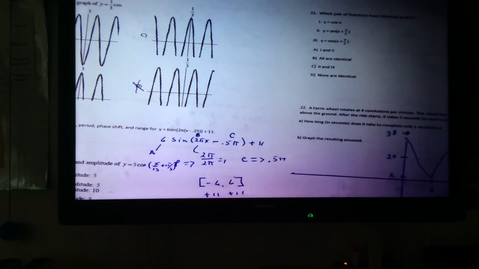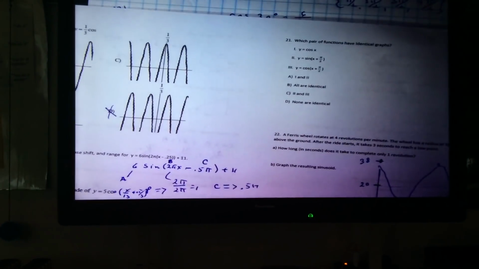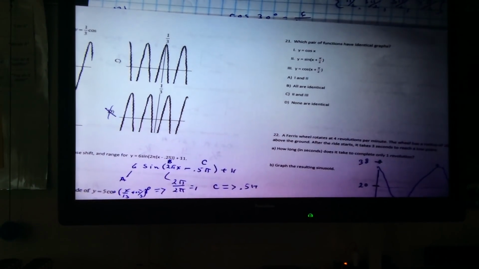Now for number 21, use your calculator on this and see which one gives you the same graph. That'll be your answer. The two with the same graph is the answer. One graph will be on top of the other.